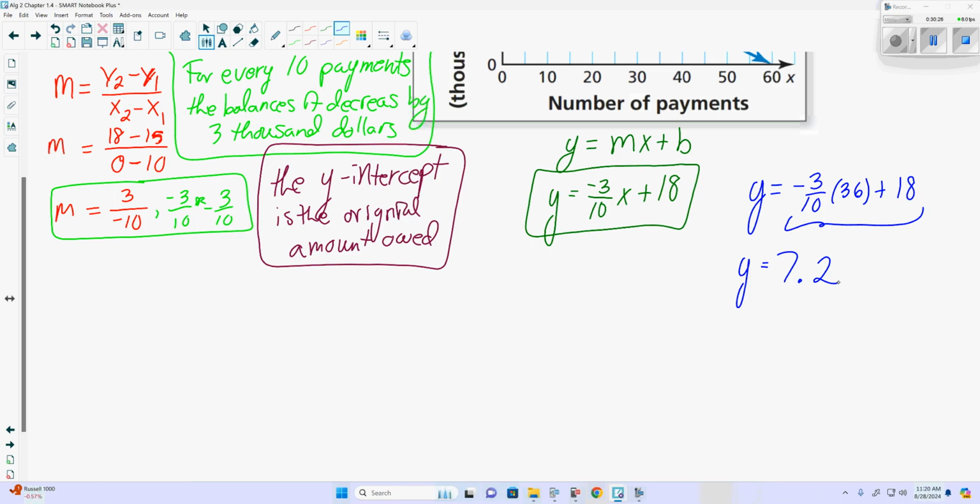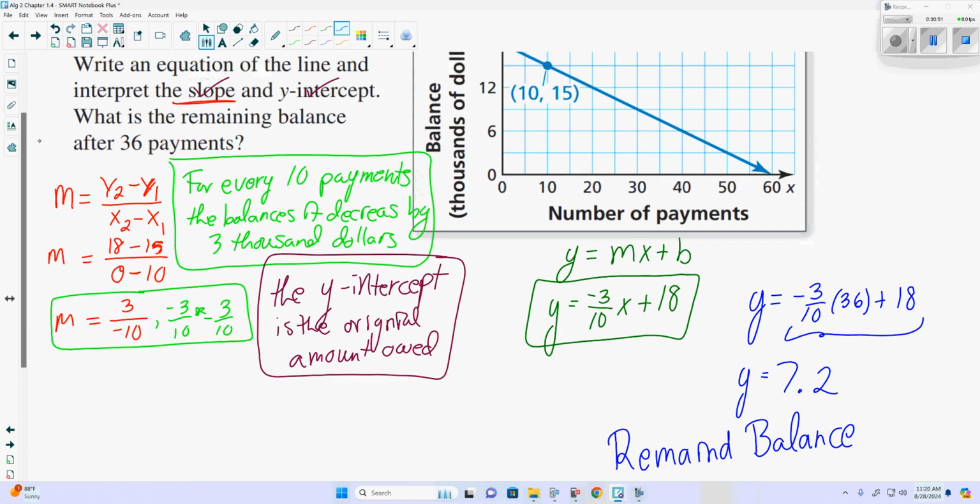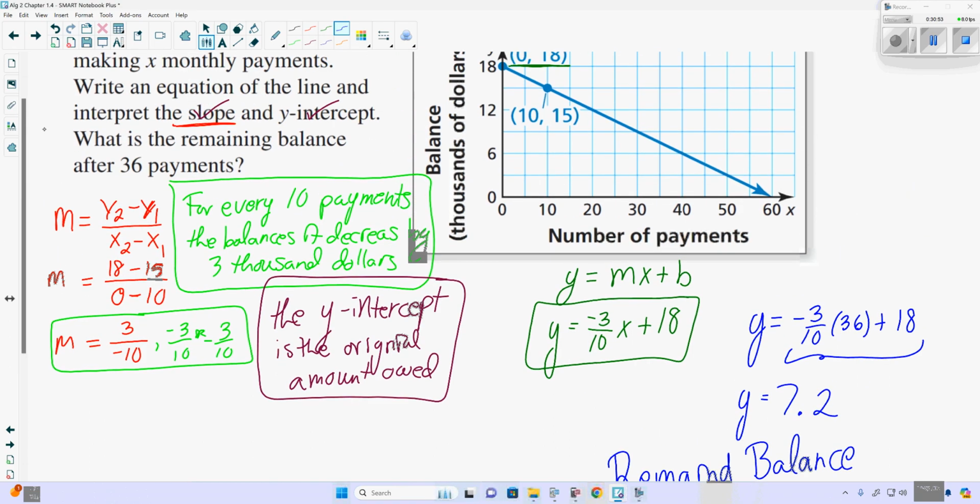So after we plug it in, we get 7.2, yes? So after 36 payments, the remaining balance is $7.20. Or is that not right? So 36 would be somewhere right here.